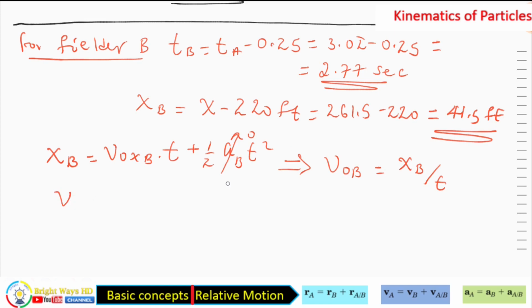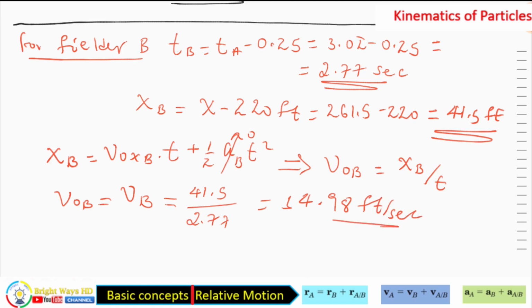So finally, the velocity of B, since he has a constant velocity, is equal to xB, 41.5, divided by t, 2.77, and then it will become 14.98 feet per second. That means it is in the positive x direction, so it is in the i direction.